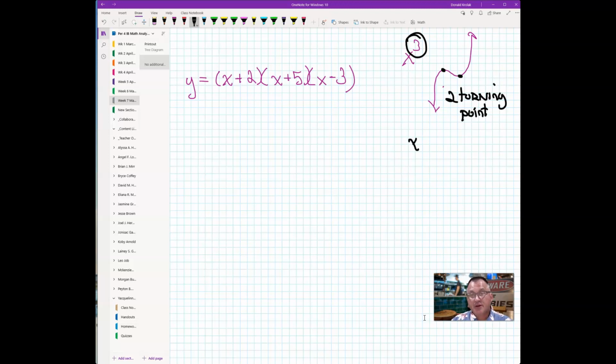The other thing that we know is when the exponent is odd, the ends of the graph go in opposite directions. So this tail of the graph and this tail of the graph go in opposite directions. If it was an even exponent, then the tails of the graph go in the same direction. Both are going up or both are going down.